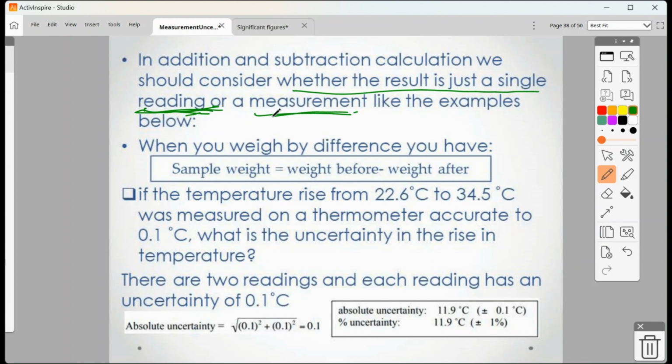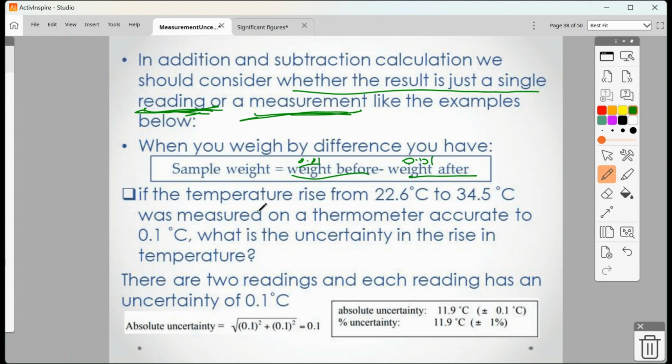But if it is a measurement, like with a ruler, we would have two uncertainties. Or like this example, sample weight is equal to weight before minus weight after. So we would have, for example, the uncertainty 0.01. This is one uncertainty, and here we have another uncertainty 0.01. So we should consider this.